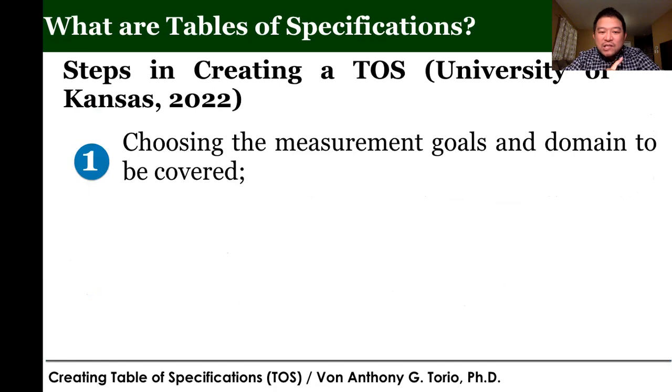The first of which is to choose the measurement goals and domain to be covered. In the context of the Philippines, for example, we can create a table of specifications for a test considering a particular quarter or grading period. And we consider the different topics and the domains that are covered in that particular period.